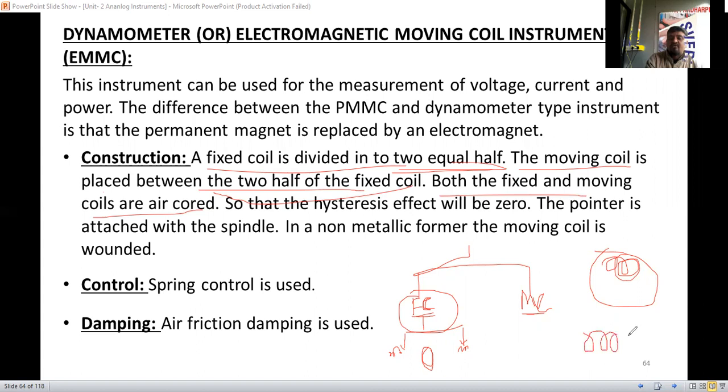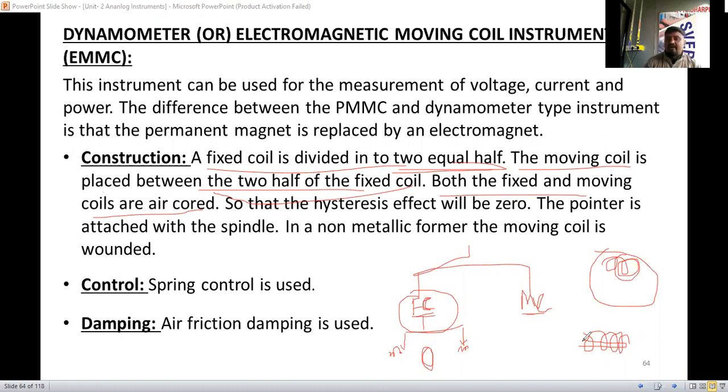This is called air cored. If I consider this as an iron part and wind over it, that is called an iron core. But here I will remove this iron part, and the air inside acts as the core. So we are not using any iron materials; both the moving coil and fixed coils are air cored coils.